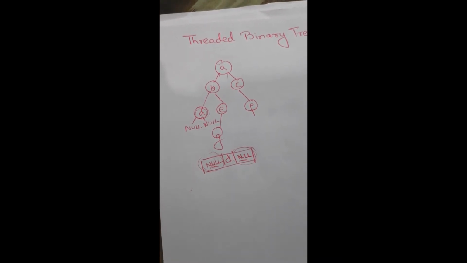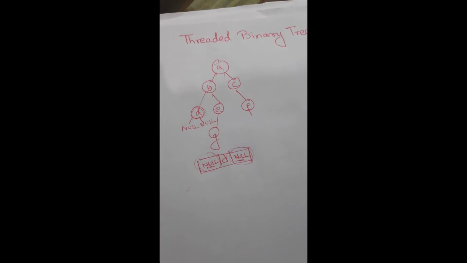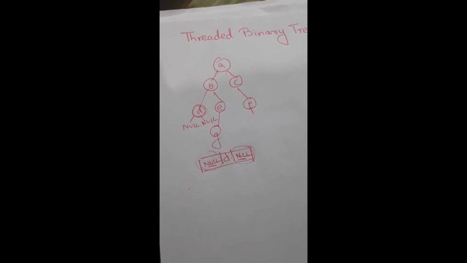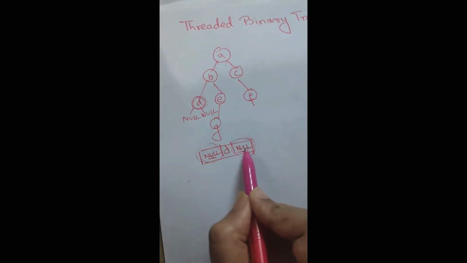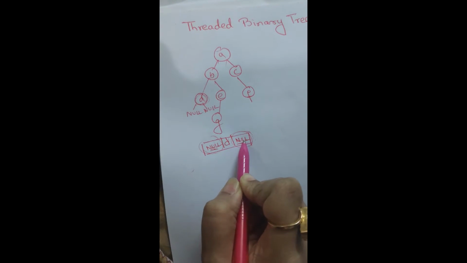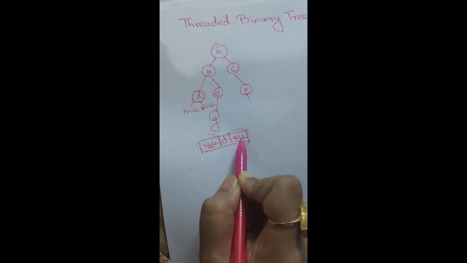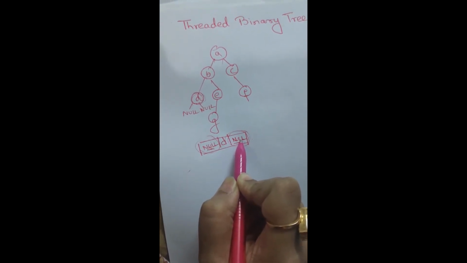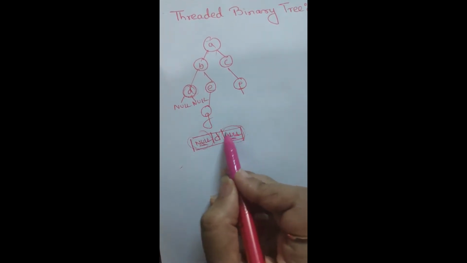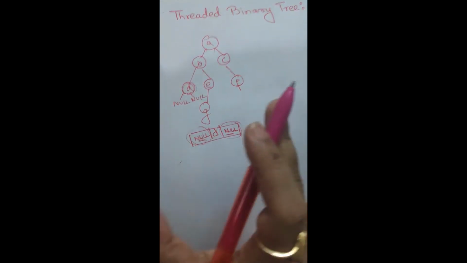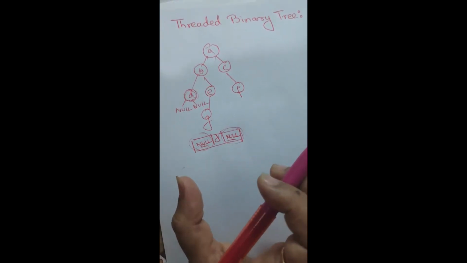I will not store null in those empty child links. I will store any other value. Now we have to see what are those values that I will store in these null spaces so that these spaces get utilized. Am I clear? So threaded binary tree will try not to waste these spaces by storing null. So what do they basically store?